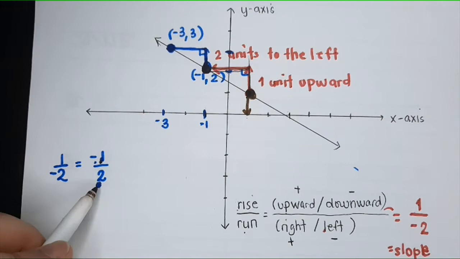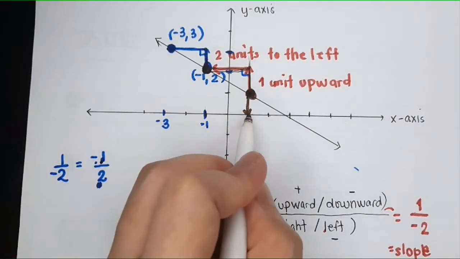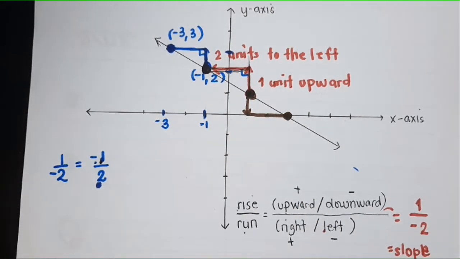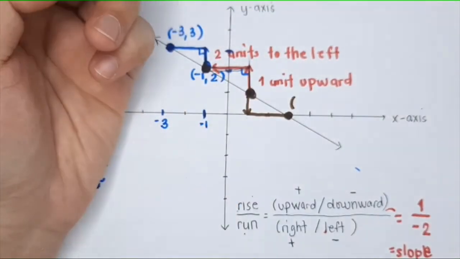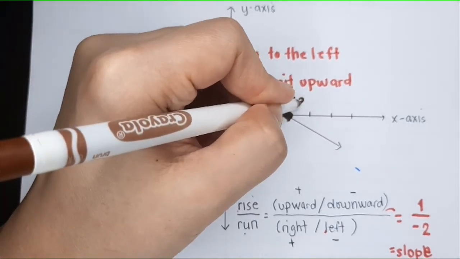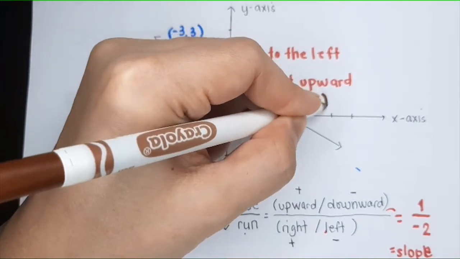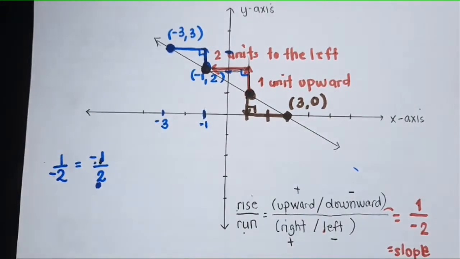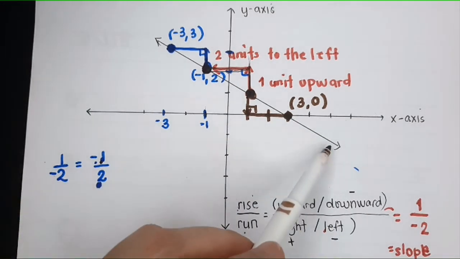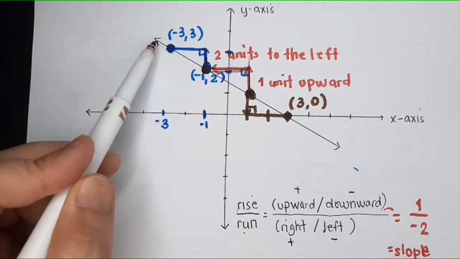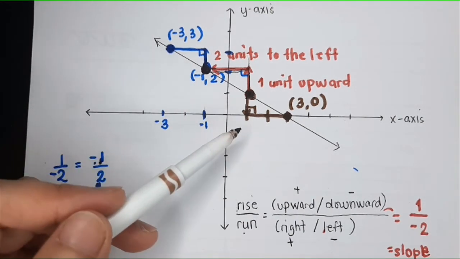And then, 2 units to the right. 1, 2. Here. Okay? So, this point has coordinates what? It's 1, 2, 3. So, 3, 0. See? Where is the right triangle? Ito. Okay? At napakarami pang points ang pwede nyong makuha dito sa line na ito. Because a line has infinitely many points.